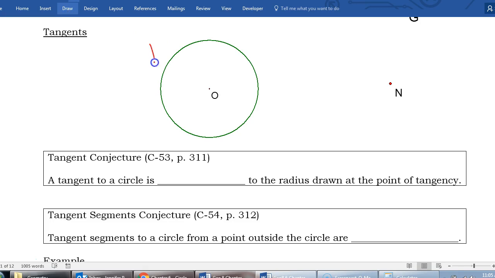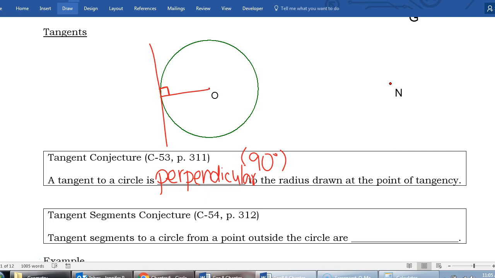Now this will always, always, always form a 90-degree angle. So a tangent to a circle is perpendicular to the radius drawn at the point of tangency. Remember, perpendicular means we're going to have that 90-degree intersection of those 2 lines.